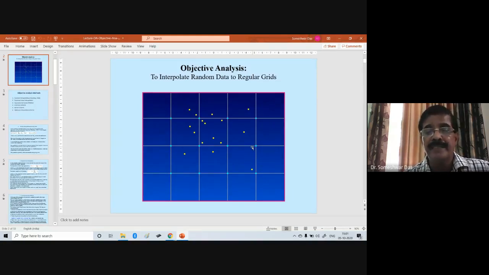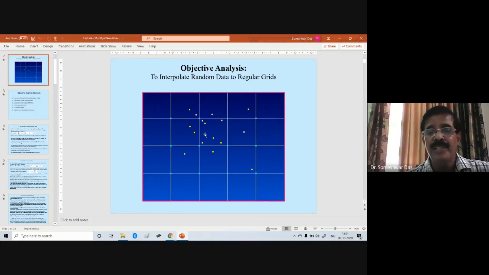So the radius of a scan is how far away we are going to scan the area for the observations which are closest to the point of our interest. For each of these grid points, when we are trying to interpolate on these points, when there are no observations close to these grid points, then the analysis will be almost the same as the first case, right?